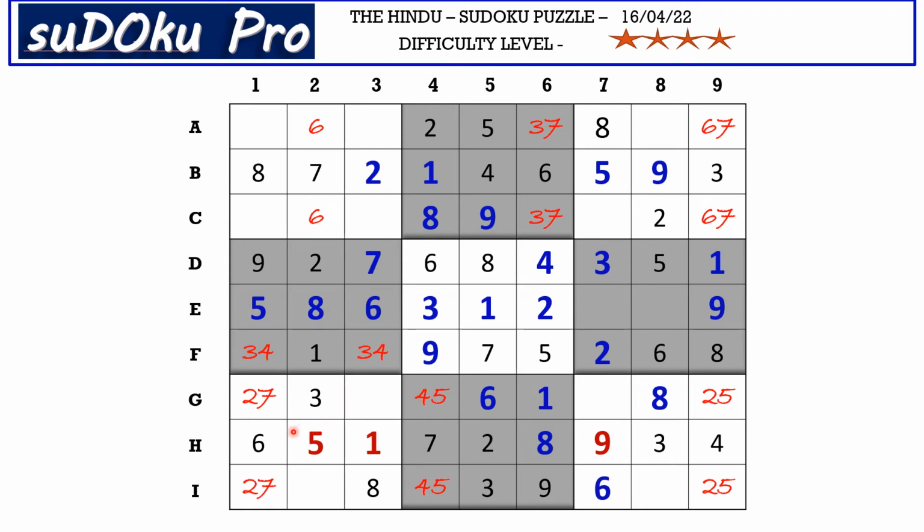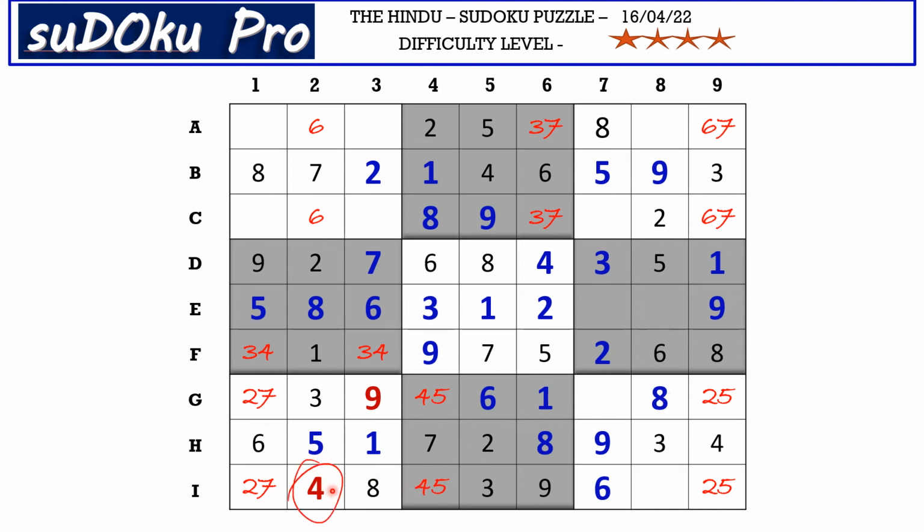In seventh block, there are only 2 empty cells and the missing numbers are 4 and 9. There is a 9 blocking from here. So I2 takes 4 and G3 takes 9. Now this 4 is going to help us crack these 3 matching pairs.